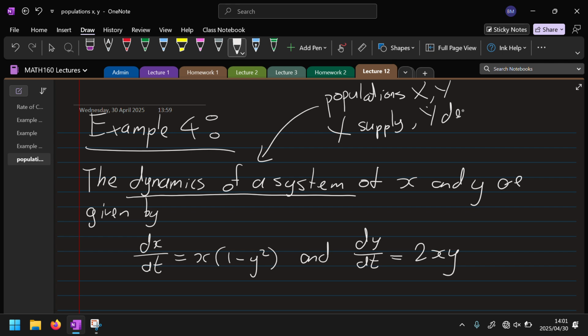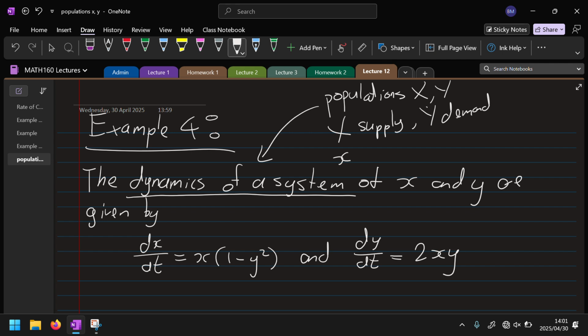and Y being demand, right? Like from economics. So dx by dt, that's the rate of change of supply that businesses will provide. dy by dt, that's the rate of change of demand. You know, that's what the consumers will buy. And there might be some equation for the two.